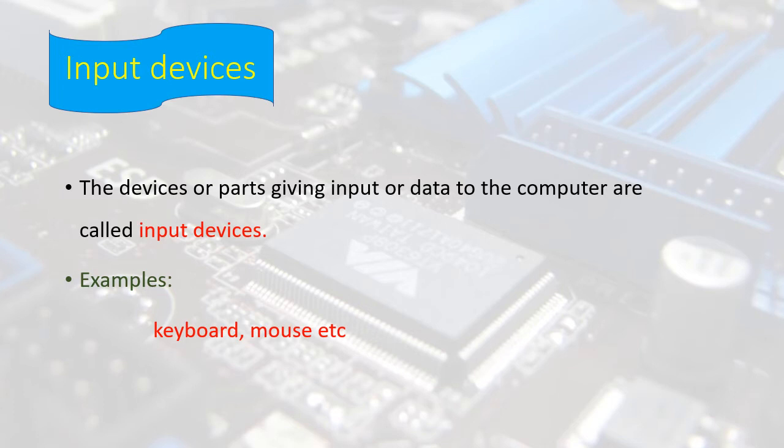How will you give the data to the computer? Yes, you type your name through the keyboard, right? Here you are using keyboard to give data to the computer. So, we can say keyboard is an input device.